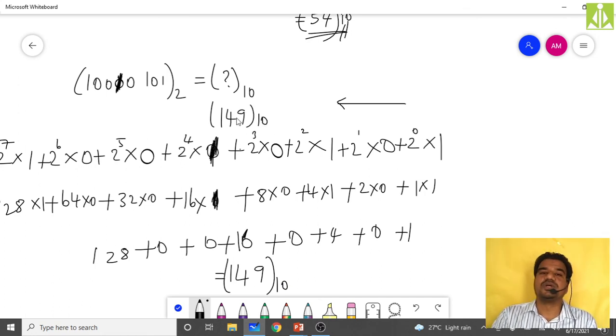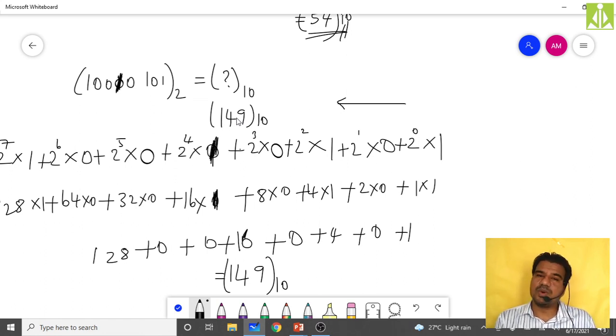Hope you understood. So in this way we can convert the given binary number into a decimal number, or a given decimal number into a binary number. These both things you need to understand before we proceed to bitwise operators. So tomorrow when I start the explanation of bitwise operators, before explaining anything, I will also show you how you can represent negative numbers.